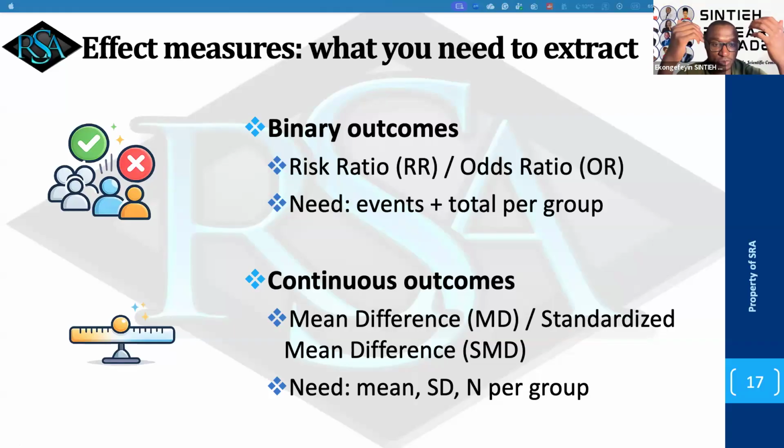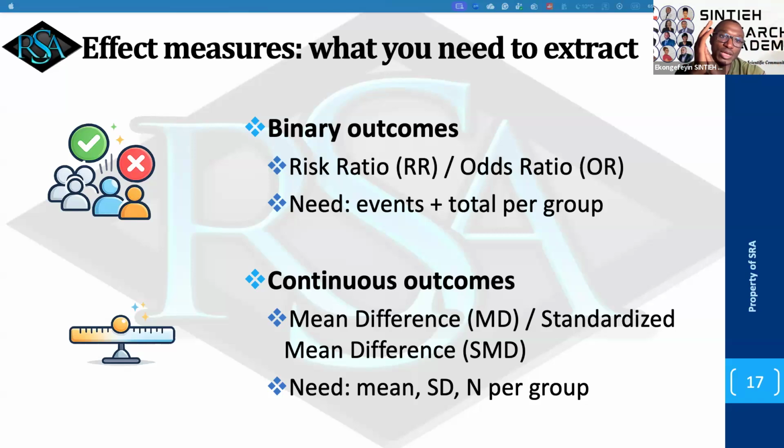But binary outcome simply means I have a disease or I don't have it, yes or no. And generally the effect measures for these are either the risk ratio or the odds ratio. So how likely are you to have a disease, or what are the odds of you having a disease? One is a probability and the other is based on the ratio of the probability.